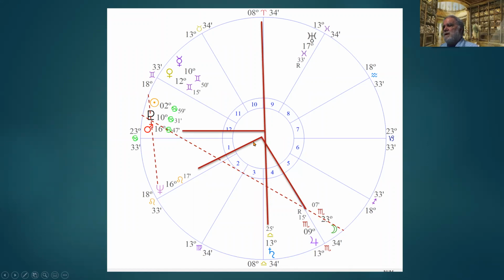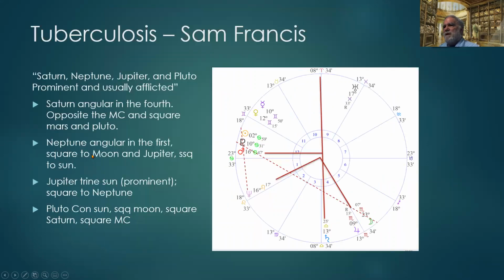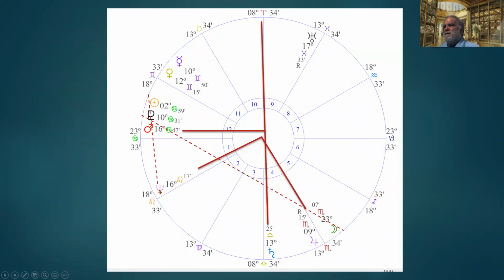Saturn is square to the ascendant, square to Mars, right? Square to these planets over here, square to Pluto and Mars over there. So Saturn is prominent and afflicted. And we have Neptune angular in the first, and it's square to Jupiter and the moon, and also semi-square to the sun.